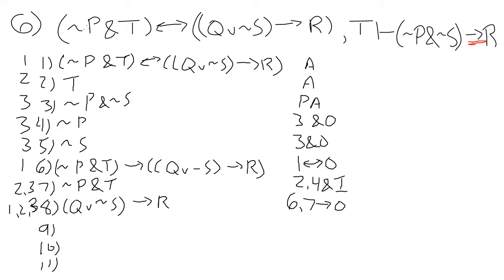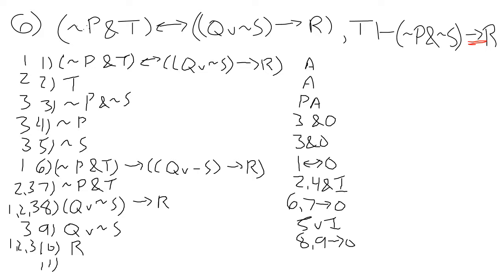Now we can wedge in a q on our tilde s that we have in 5, and then we can get our r from 8 and 9, arrow out. That was the consequent that we were looking to get.